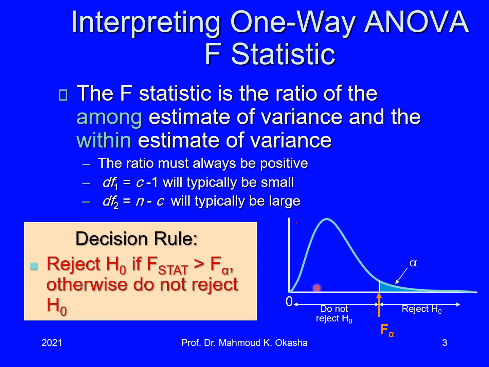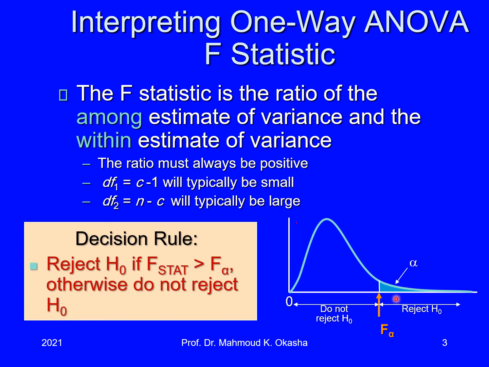The F distribution has many pages of tables. We find the suitable table which has the two values of degrees of freedom, and we look at the value of significance level alpha and find this value, which will be the critical value here. And we compare it with the computed F statistic.